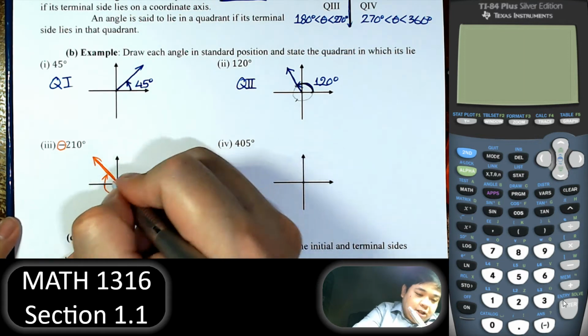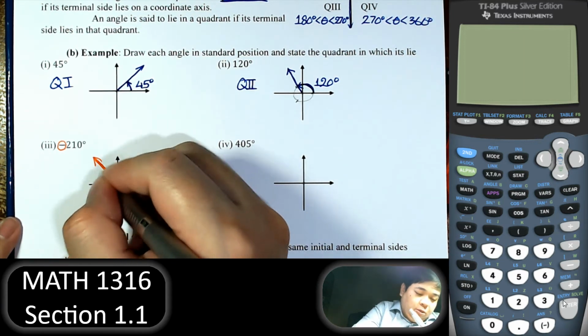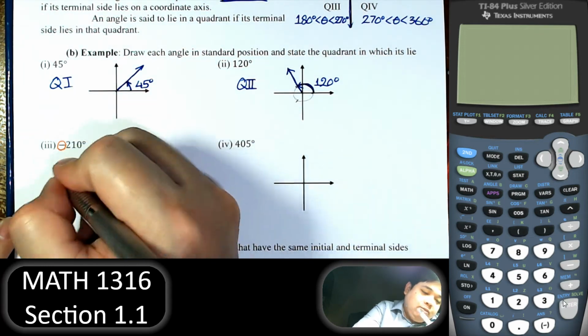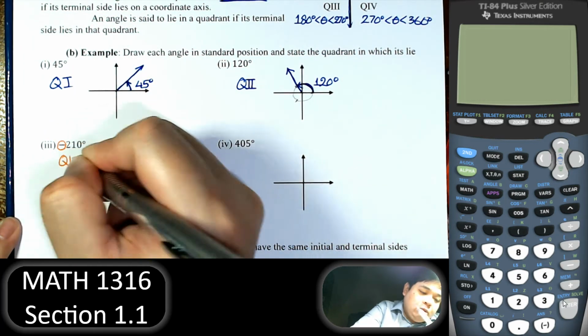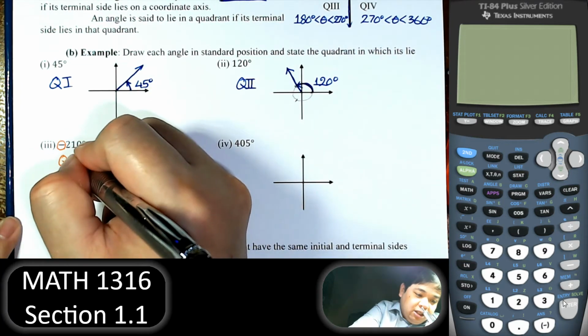So that is negative 210 degrees, and when we draw that, it is in quadrant 2. Of course, that is not exactly 210 degrees; we just estimate.